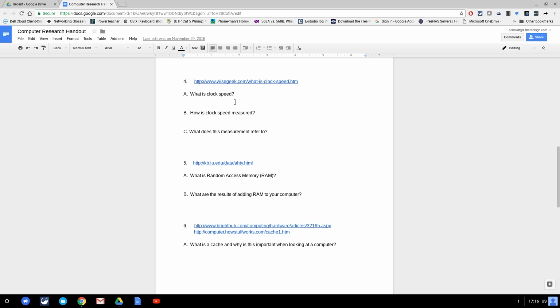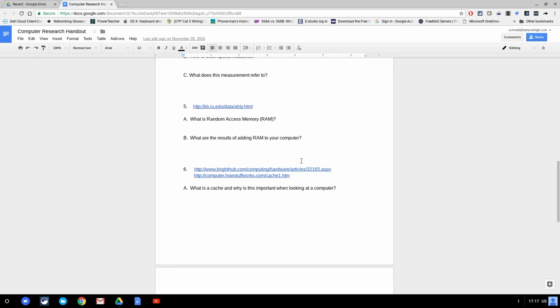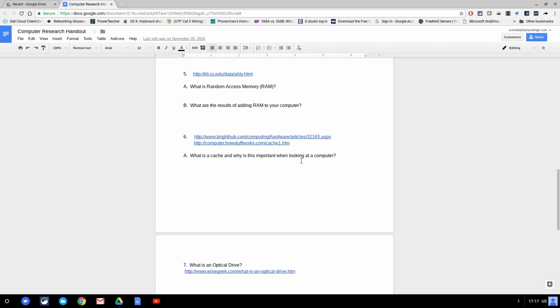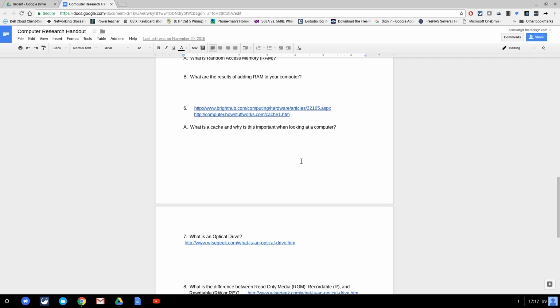You need that next level fast so that you can keep playing and keep moving through it, but things like your save data you don't necessarily access all the time, so that's going to be on your hard drive. The result of adding more RAM to your computer is that it'll run faster because it doesn't have to go to the hard drive all the time to pull down new data. It can just access it. I mean, it's right there.